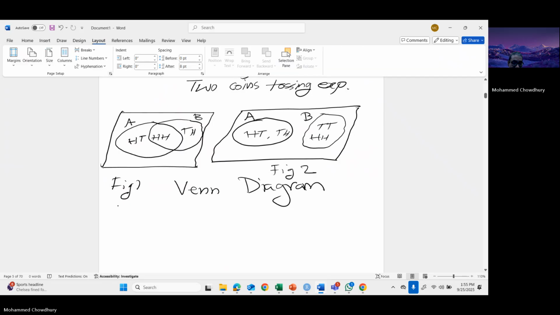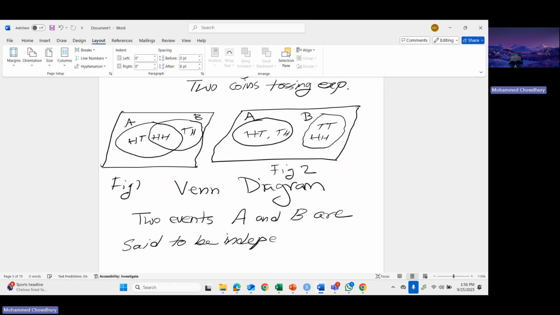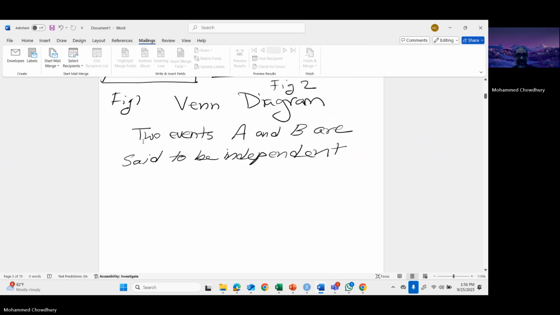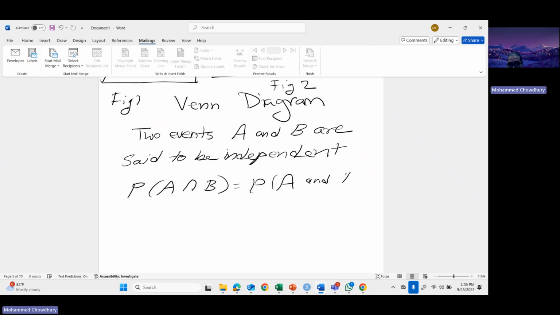Two events A and B are said to be independent if the joint probability of A and B, the probability of A and B, which is called the intersection, written probability of A and B, is equal to the product of their individual probabilities, or marginal probabilities.